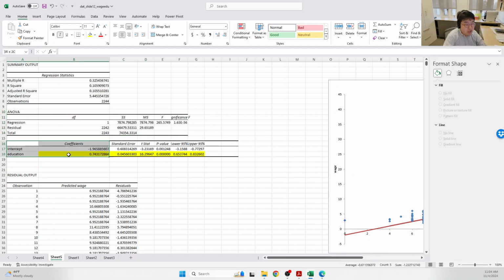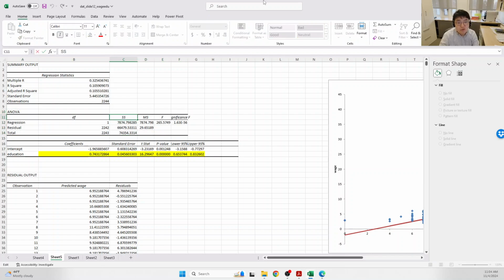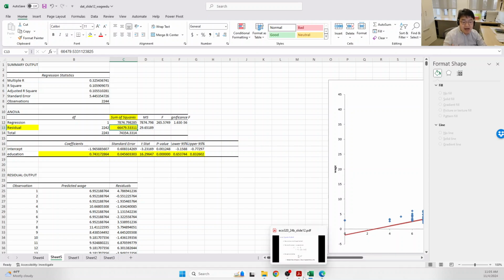Like earlier we learned what this means, now we are done with the third table. Now we go back to the second table. So here, SS is short for the sum of squares, right? And there is the second one. The second sum of squares is the residual sum of squares. So this number captures the sum of all the squared residuals. That is how much you cannot explain.